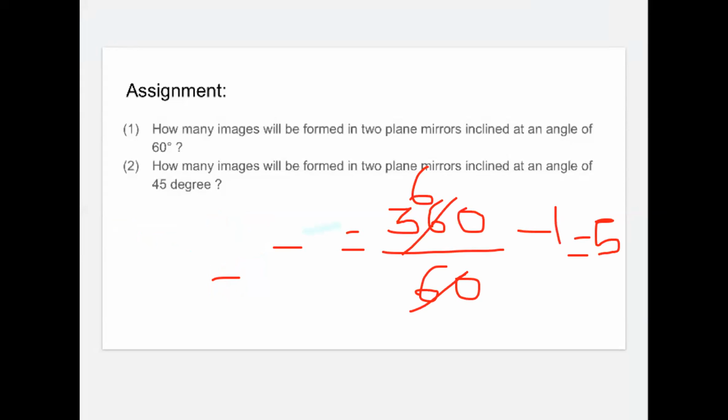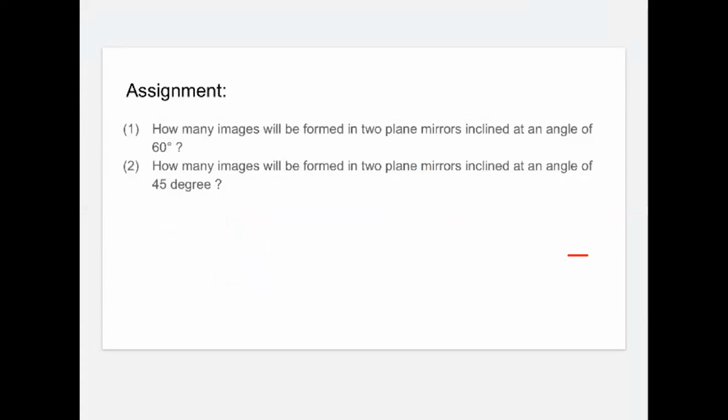The next question is, how many images will be formed in two plane mirrors inclined at an angle of 45 degrees? Definitely, we say the number of images is equal to 360 upon A minus 1.